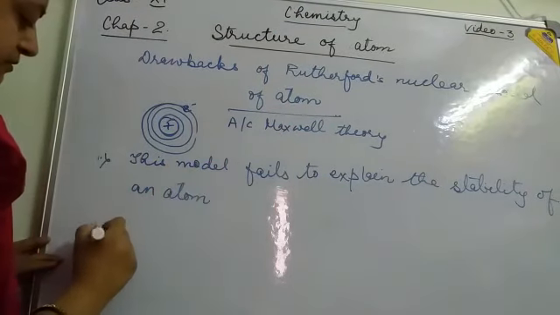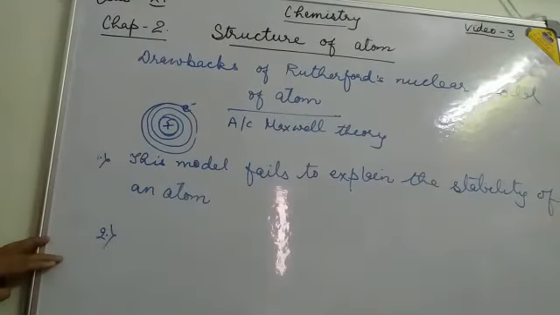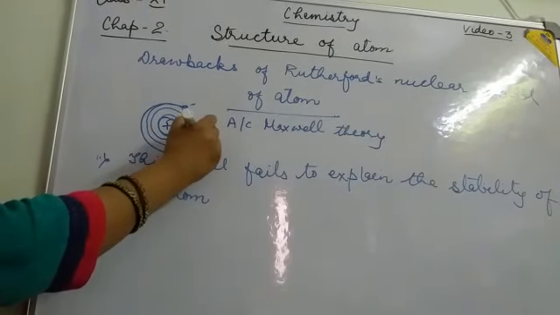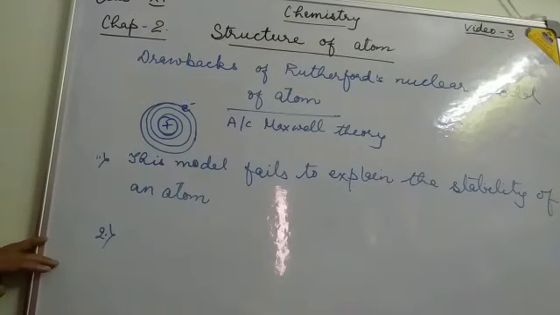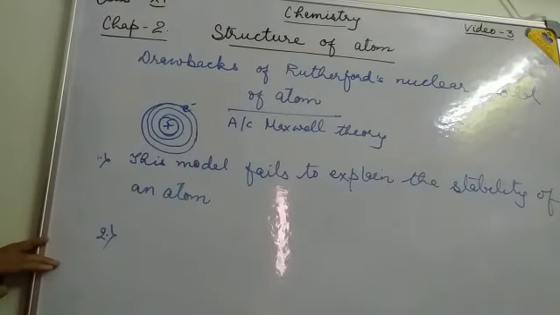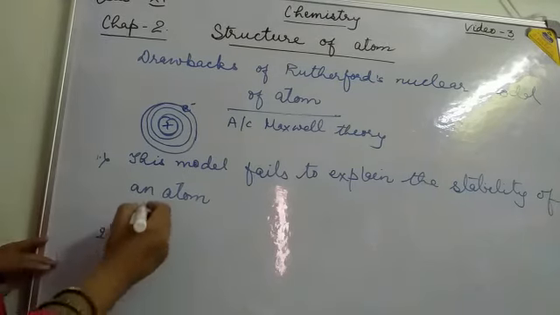And when Niels Bohr explained the different spectral lines present in the hydrogen spectrum, after that this model is also unable to explain the existence of spectral lines in the hydrogen.